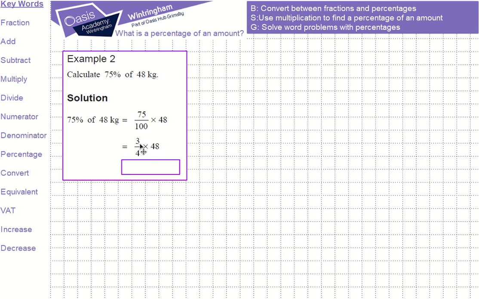And then 3 multiplied by 8 is 24. So 120 plus 24 is 144. Divided by 4, we will get 36 kilograms. You can use a calculator if you want for some of these questions. If not, you can just write down a little bit more working out onto your paper.